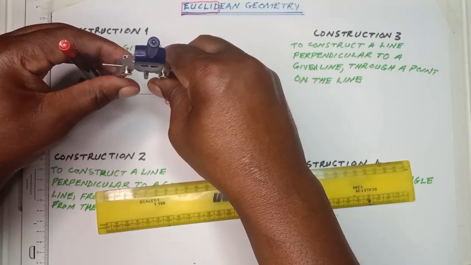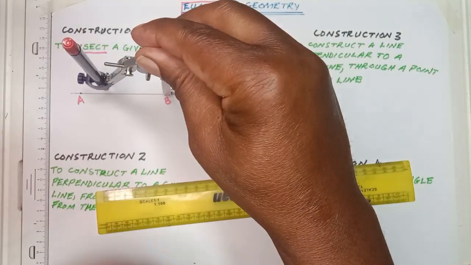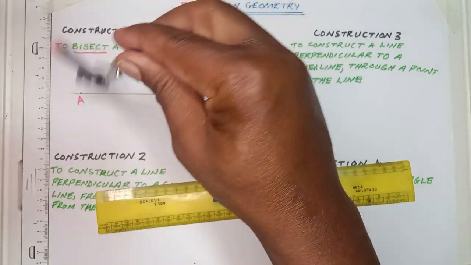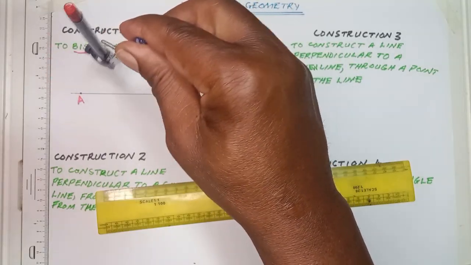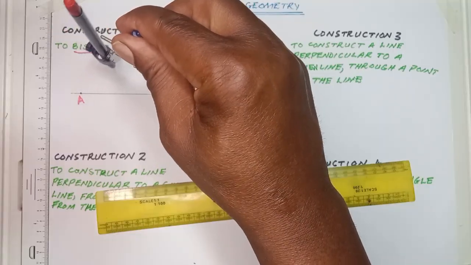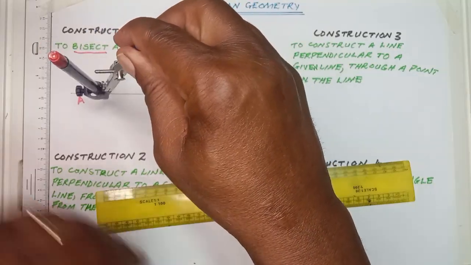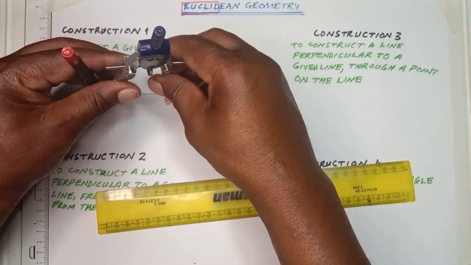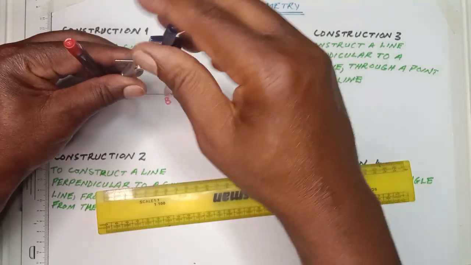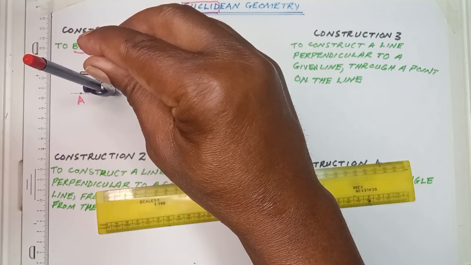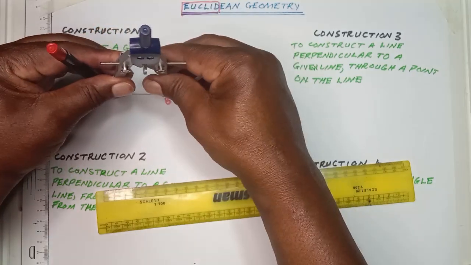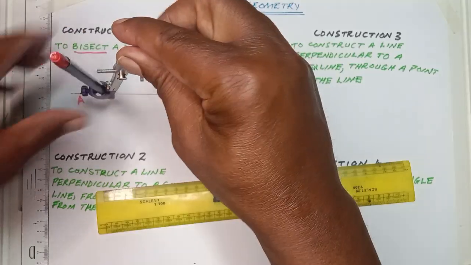So it has to be a convenient radius. Convenient means it's easy to work with. So I can just open my compasses without measuring the radius. Then I check also my space to make sure that the radius can fit in. If it's not, I can still adjust. As long as this is greater than half the line, I can adjust. I don't need to measure.